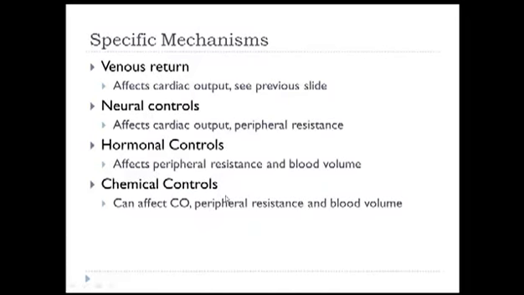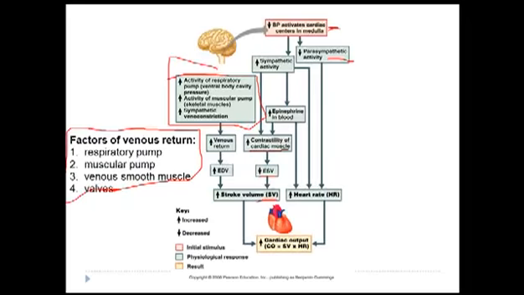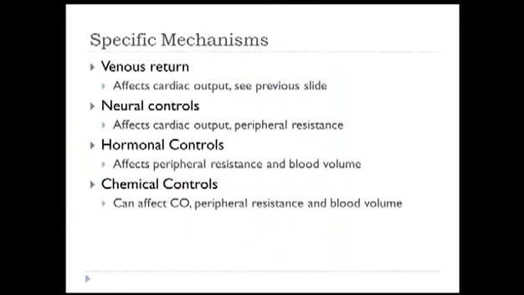Okay, so specific mechanisms affecting blood pressure. First off, venous return. That kind of makes sense, right? As we increase our venous return, we're going to increase our end diastolic volume, which will increase our stroke volume because of Frank-Starling's mechanism. Neural controls.